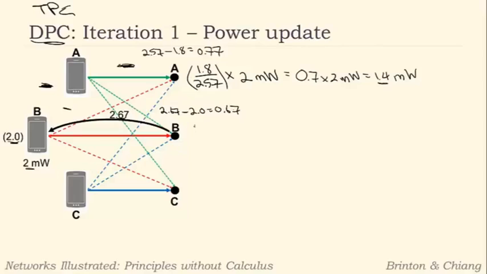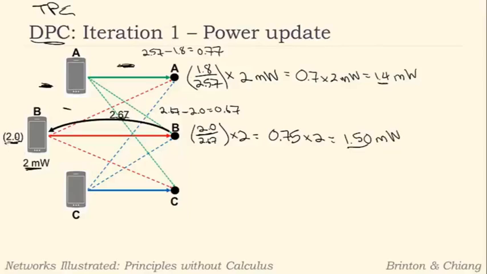We take the ratio 2.0, which is where we want to be, divided by 2.67, which is where we are right now, and multiply that by the current transmit power of 2. We get that ratio to be 0.75, which means we need to lower it by 25% to get down to 2.0. And 0.75 times 2 gives us 1.50 milliwatts. Notice again that this is lower than the previous power because the SIR was higher than desired.